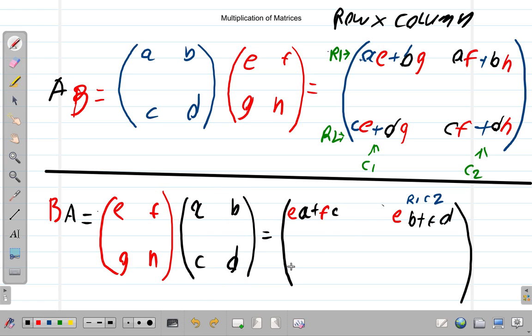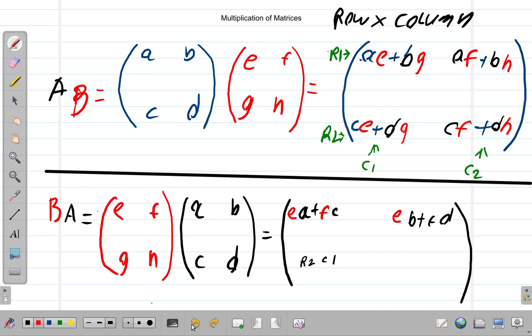Now, let me get rid of this piece of writing here. And then the next thing that you want to calculate is what's going to come here. This is row 2, column 1 of the answer. This is row 2, column 1. Alright? Now, remember now, row 2 is this, row 2 in B times column 1 in A. So it must now be first by first plus second by second.